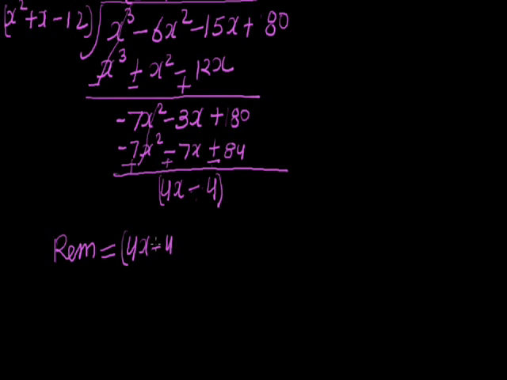Now what we want in our question is that this expression should be divisible by x square plus x minus 12. So the remainder should not be there, which means 4x minus 4 must be subtracted.